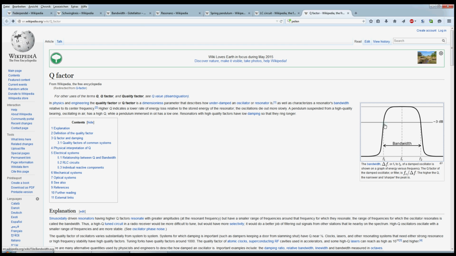And this Q factor determines how narrow our bandwidth is, which means how narrow we can tune or how narrow we can isolate a transmitting frequency, and at the same time it determines the natural, let's call it, amplification of our resonant LC circuit. So it's very important to have as high a Q factor as possible. And how this all interacts we'll see in a minute, and let's go back to the drawing board.